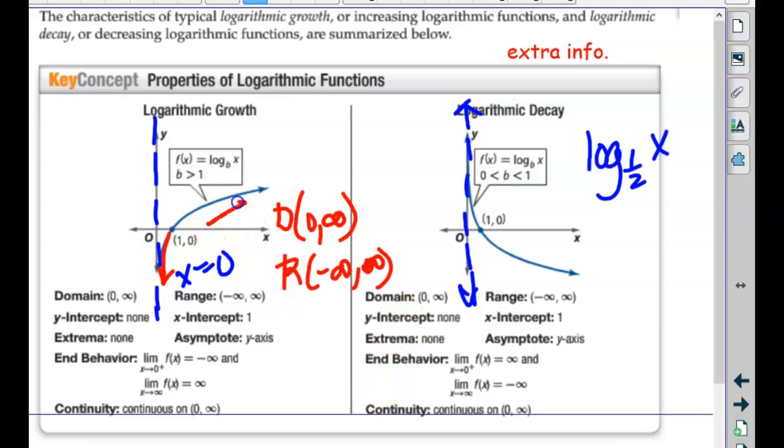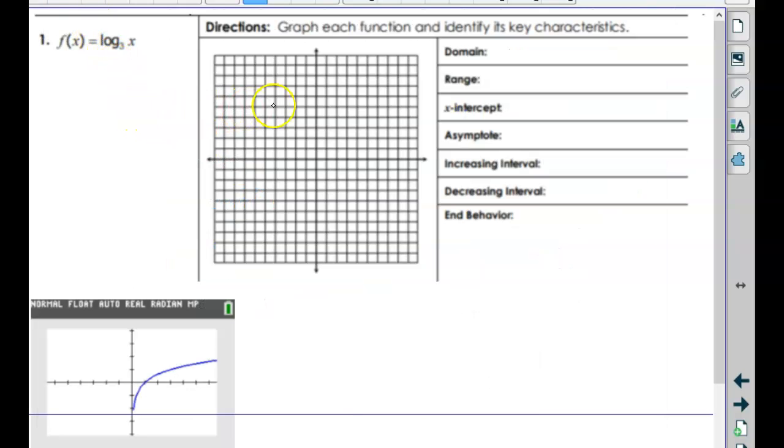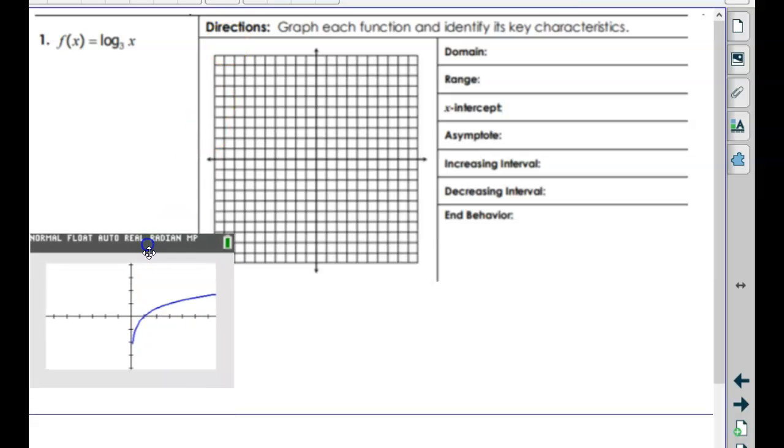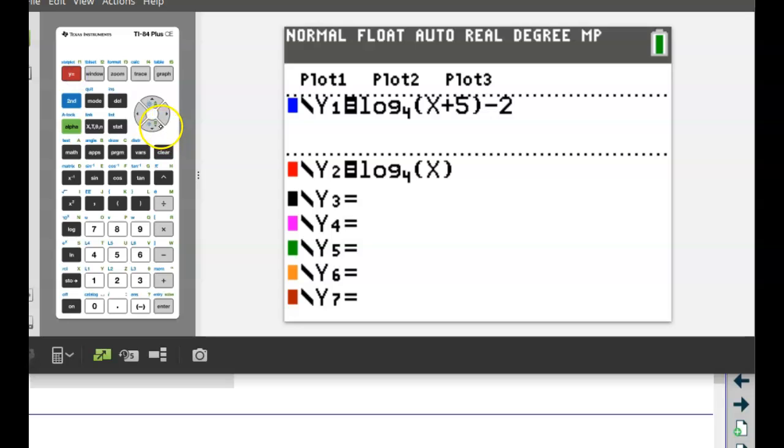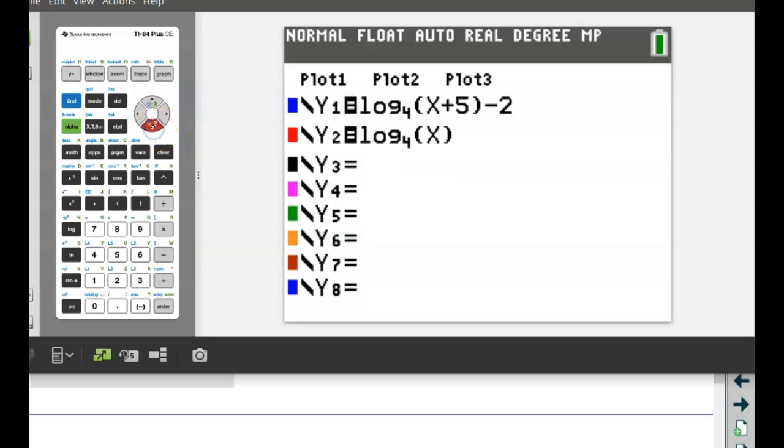And this one is increasing and this one is decreasing. All right, so log base 3, you can try it on your calculator. It looks like this. What is misleading about this graph? Again, you would go to y equals, and you would put in, I'll do mine in pink.